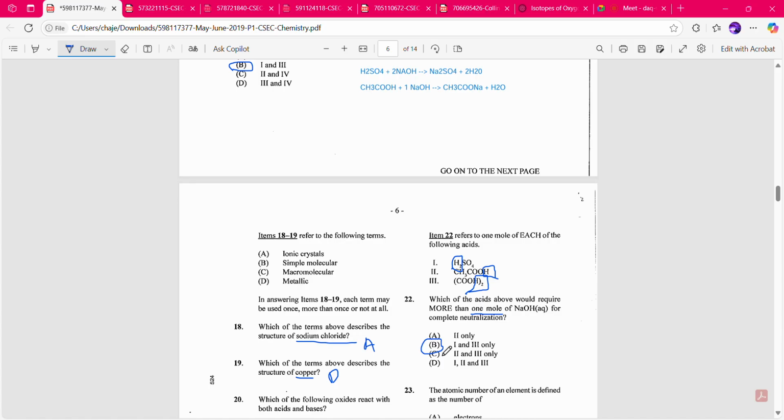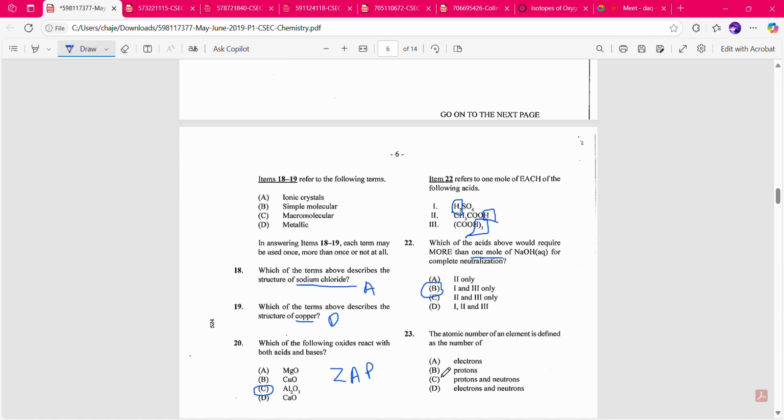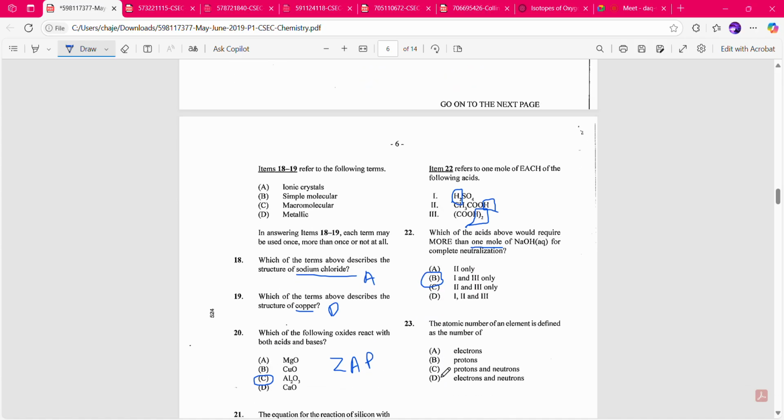Hence, it's going to need 2 mole of sodium hydroxide. In ethanoic acid, it's 1 hydrogen that needs to be replaced. Hence, it's going to need 1 mole of sodium hydroxide. And in the methanoic acid, I think it's methanoic acid, it has 2 hydrogens and it's gonna require 2 sodium hydroxides to replace that hydrogen.